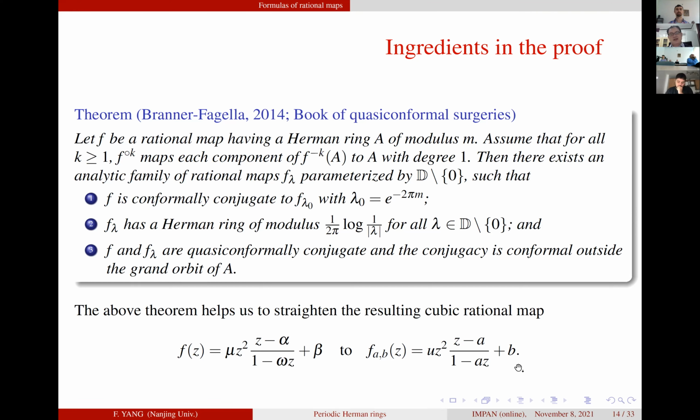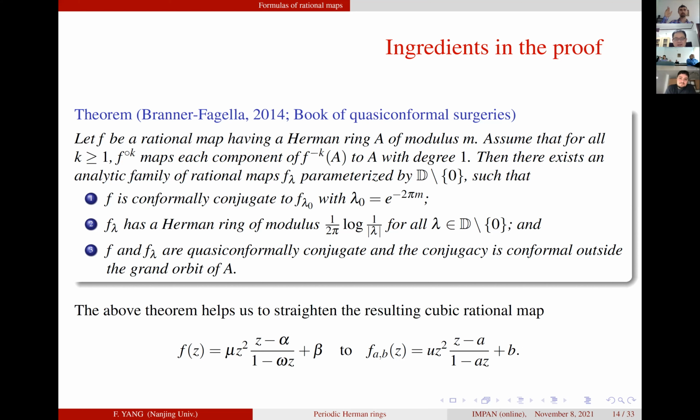So we obtain a map of this form: u z squared times (z minus a) over (1 minus az plus b). Of course, Felix suggested I should write this formula more reasonably.